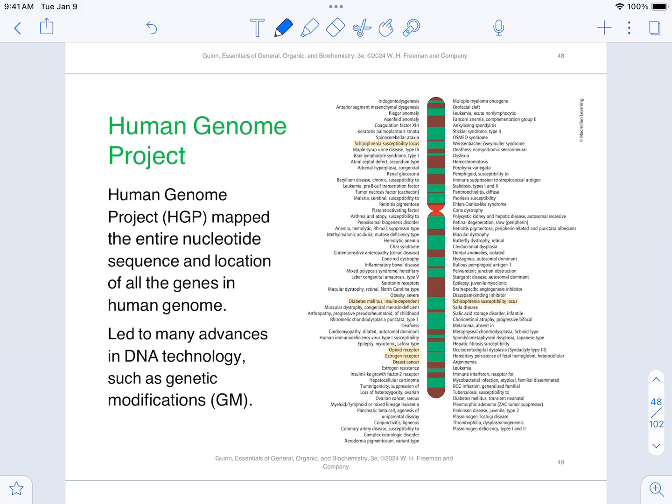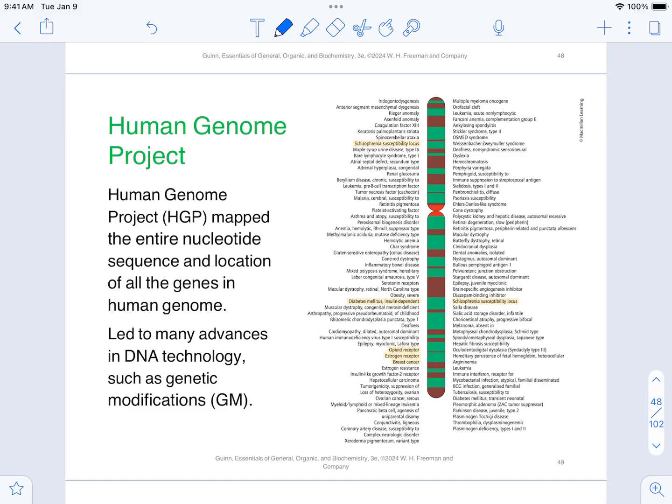So your Human Genome Project was a really big undertaking in 2003. This was a 13-year international effort, and it was completed, again, 2003, so not that long ago. And this mapped out the entire nucleotide sequence and location of all of the genes in the human genome.